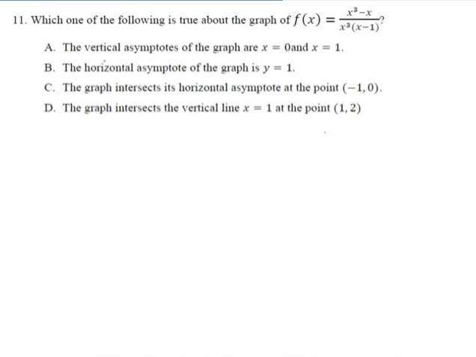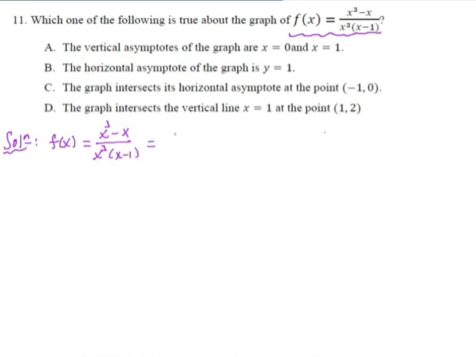Which one of the following is true about the graph of f of x equals x cubed minus x over x cubed times x minus 1? Let us write the function in its simplified form first. F of x is x cubed minus x over x cubed times x minus 1.